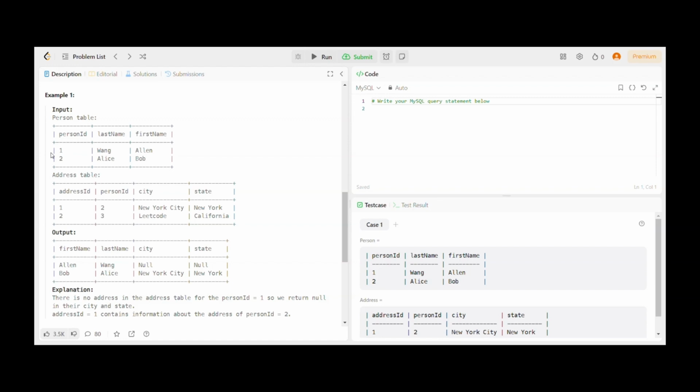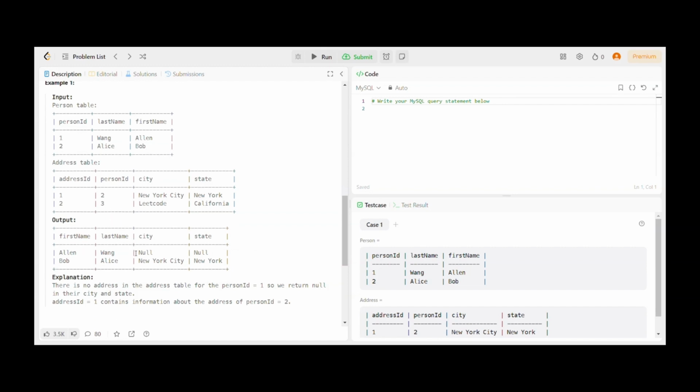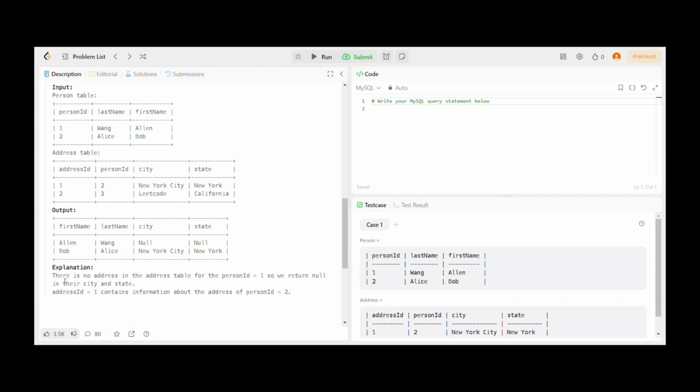We have person ID 1 present, but we don't have the address of that person ID 1. So we have to set the values of city and state as null because we don't have any address for that particular ID. The explanation also says there is no address in the address table for person ID 1, so we return null in the city and the state.